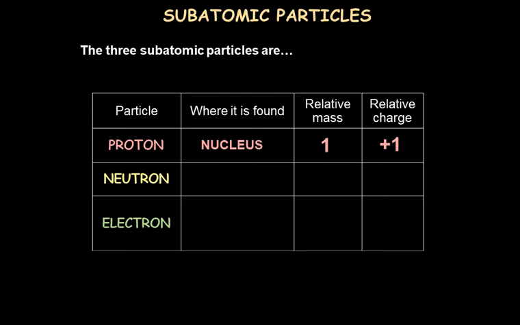That is about the relative mass of these atomic particles, and then their charge also, which is very important to know about the structure of atom. Proton has a relative mass of 1 and a relative charge of +1.